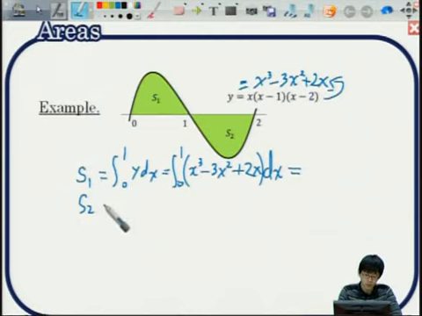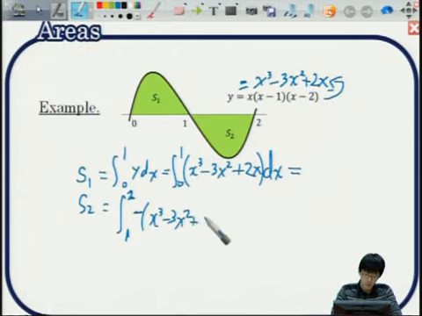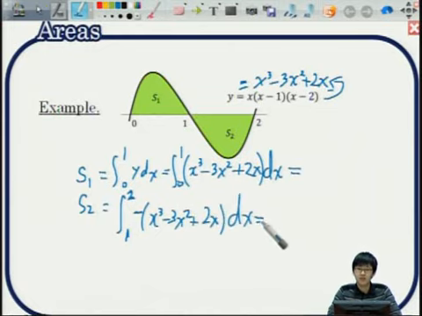But S2, what I said on the last page was, if you set this like this, 1, 2, naturally, then we have to add a minus sign in the front. Yeah, it is easy, I think. Just the first thinking is hard, but if you repeat a lot of times, it is easy.